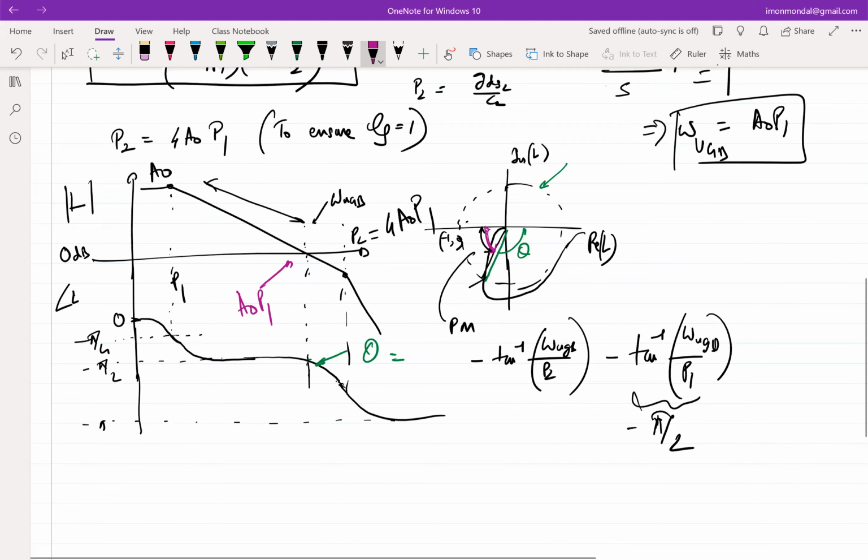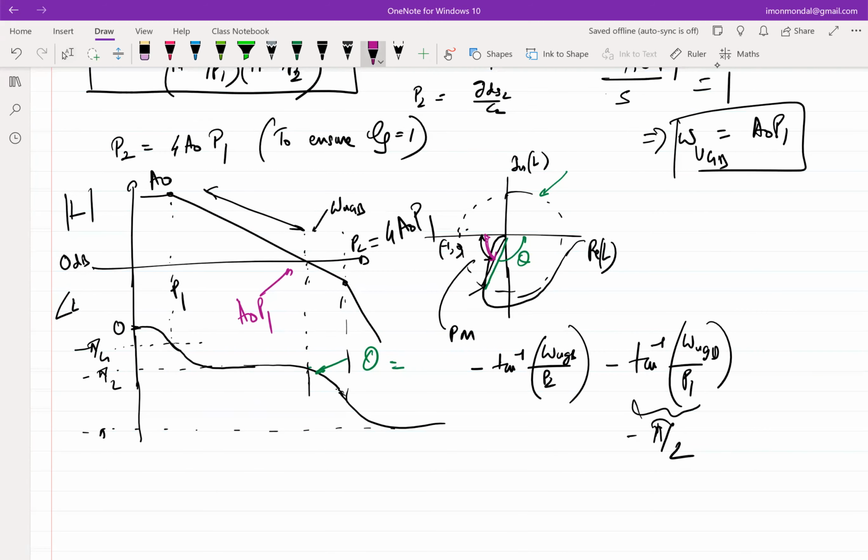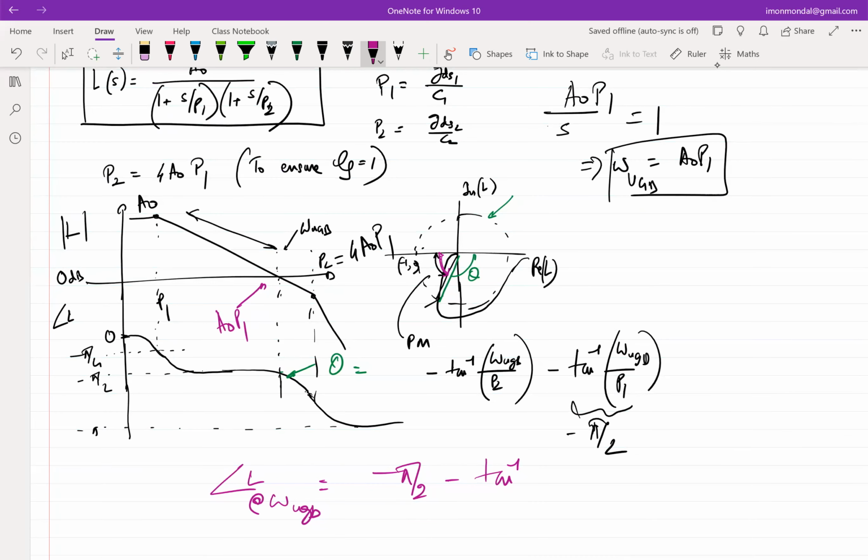And if that is the case, what is the total angle that we are seeing at UGB? So that is the angle of L at UGB, which is minus pi by 2 minus tan inverse omega UGB by P2. Whatever omega UGB is, A naught P1, and P2 is 4 A naught P1.